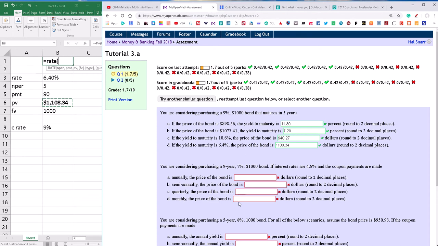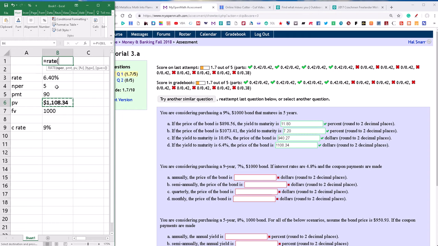We want to see what happens to the price of the bond. Okay, so interest rates are 4.8%. I'll go down here and put number of years. Number of years is 9.